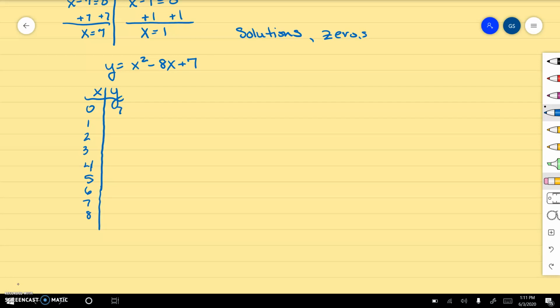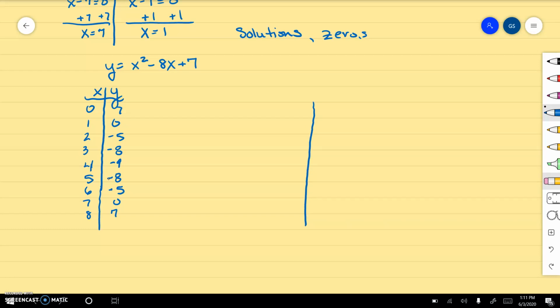So it's 0, 7; 1, 0; 2, -5; 3, -8; 4, -9; 5, -8; 6, -5; 7, 0; and 8, 7.